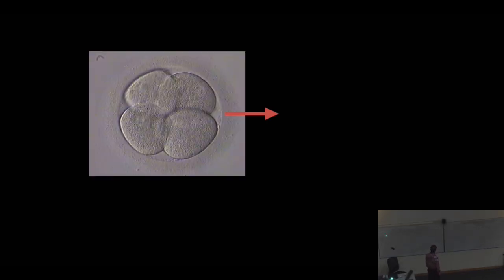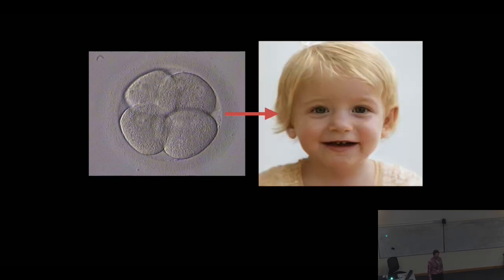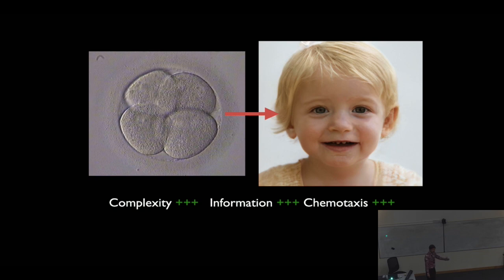Anyhow, here's a bit of a nice introduction to what the problem is. You all and I started like that. You all and I ended up like that. Now, in order to get from the one to the other, obviously, you need a huge increase in complexity.